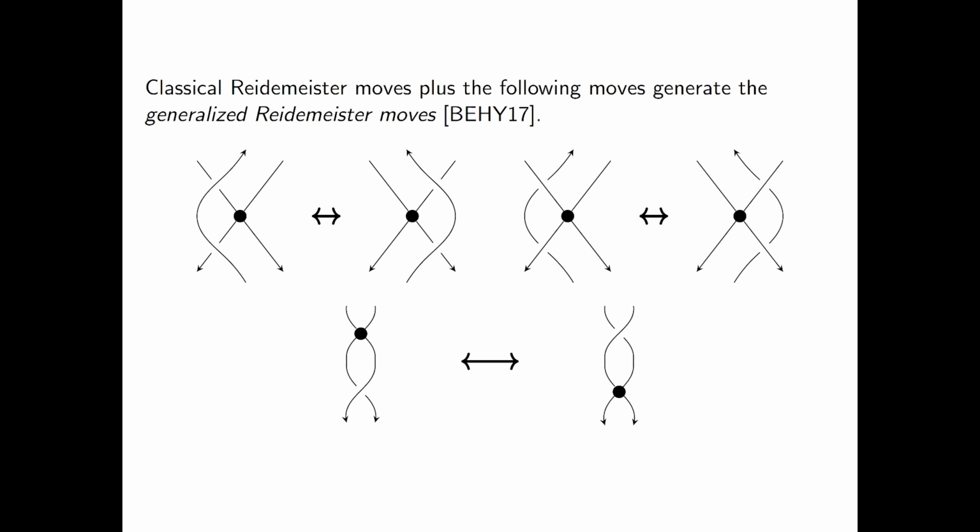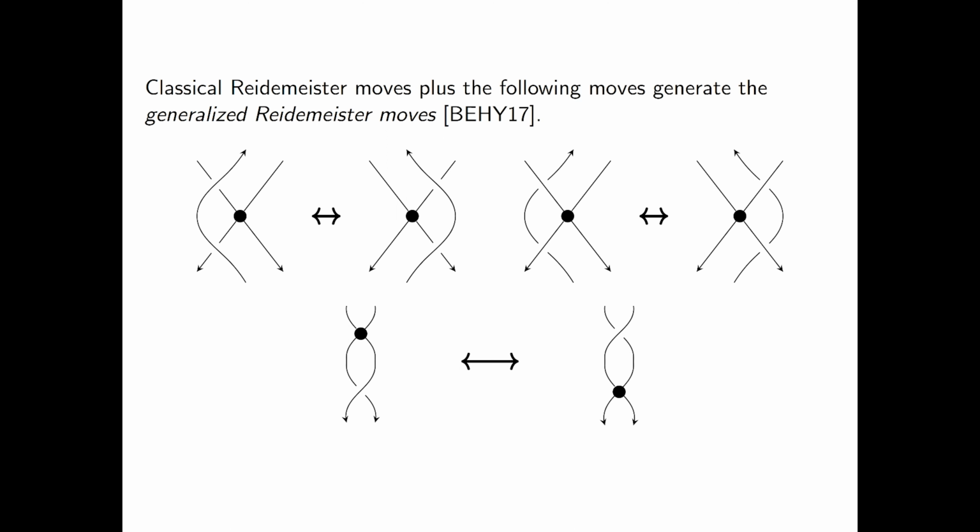In the third move that we're adding, this is similar to a type 2 Reidemeister move, but here we've replaced one of the crossings with a singular crossing. So again, in the presence of the classical Reidemeister moves, you only need to add these 3 moves in order to generate the generalized Reidemeister moves, and those are the moves we need for singular link diagrams.